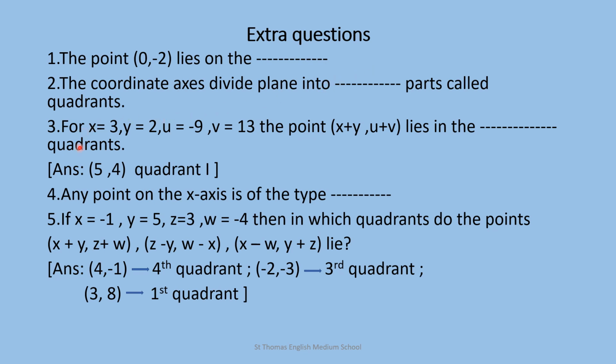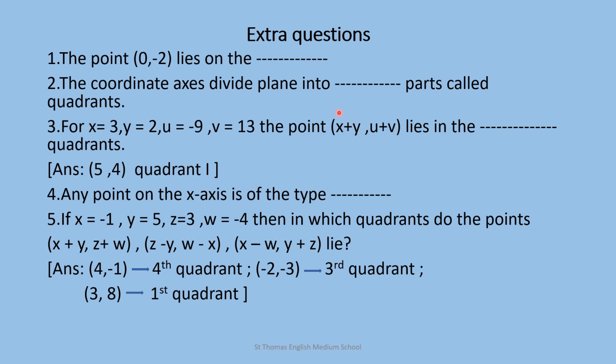Especially in question number 3, it is given x equal to 3, y equal to 2, u equal to -9, v equal to 13, the point (x + y, u + v) lies in the dash quadrant. So the values of x, y, u and v are given. You just substitute the values in the coordinates.